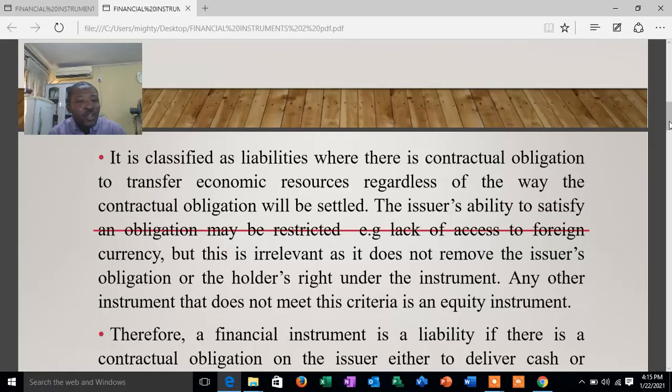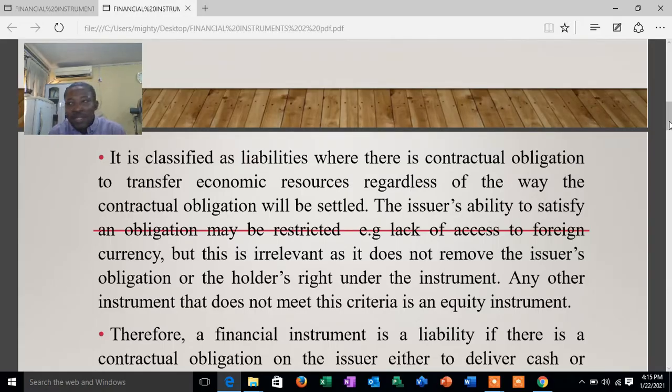Now, the ability of the issuer to satisfy an obligation may be restricted, even though for a transaction to be classified as a liability, there must be a contractual obligation to transfer economic resources. That notwithstanding, it is not hindered by the ability of the issuer to satisfy that obligation at that present time.